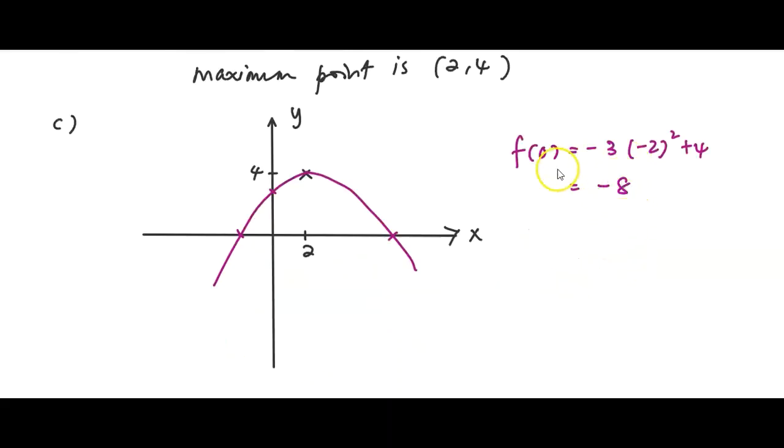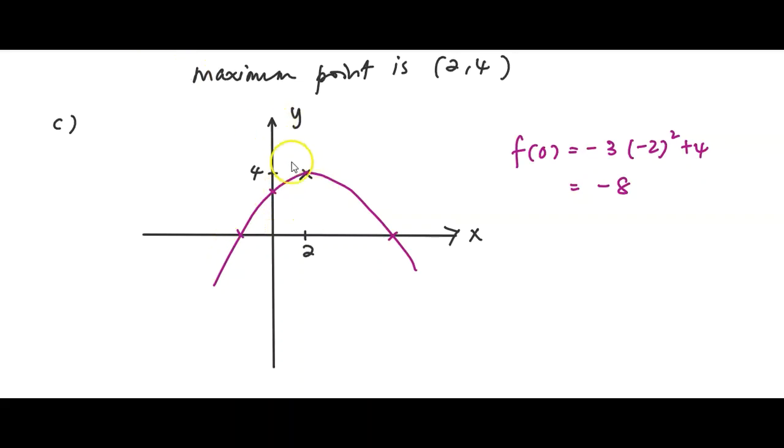So when you calculate, f(0) equals negative 8, so you will feel it's weird, right? Because the y-intercept that we sketched passes through the y-axis somewhere slightly less than 4. So our graph shouldn't be this shape.